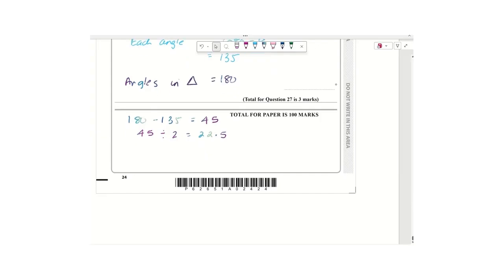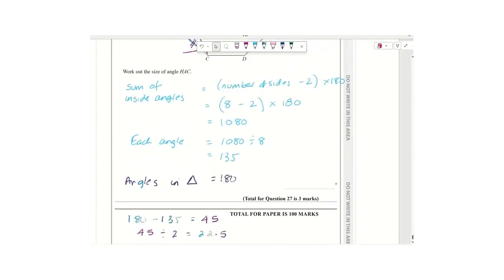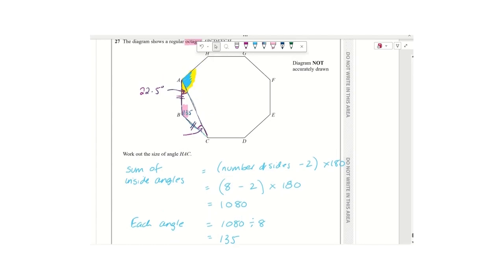So the angle that we're interested in, which was HAC, is 135, take away 22.5, which gives you 112.5 degrees, because it's that whole angle in the octagon, take away that little bit there.